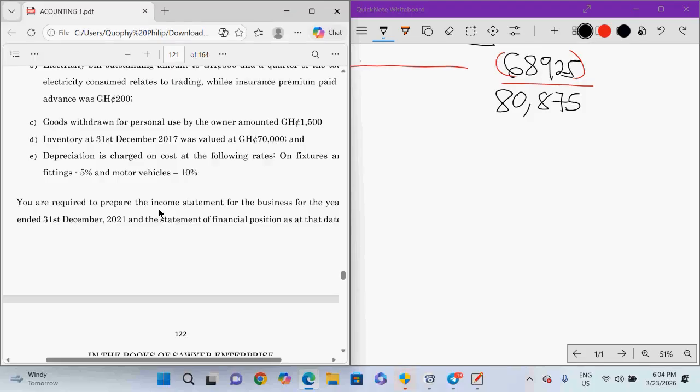But goods withdrawn are the inventory taken by the owner for personal use. So we can say it is a type of drawing, but specifically in the form of goods, not cash. Okay, thank you. You're welcome.